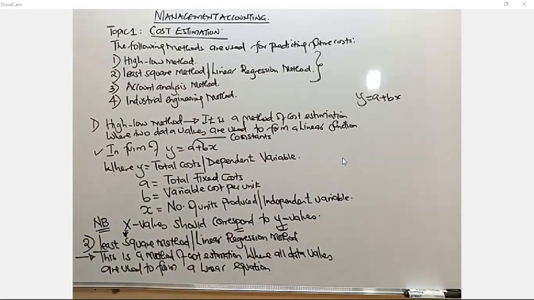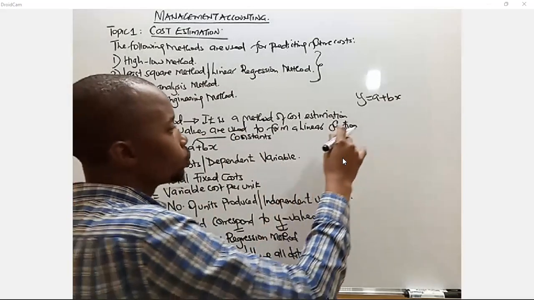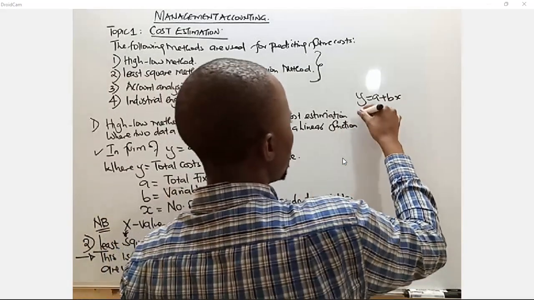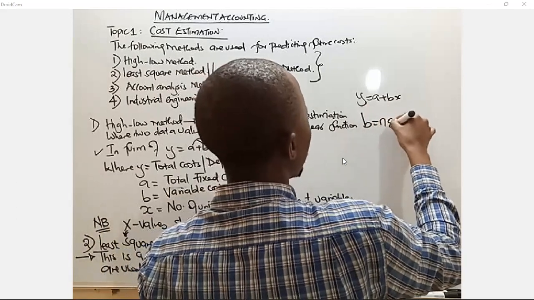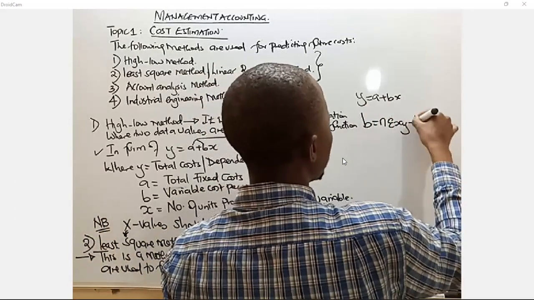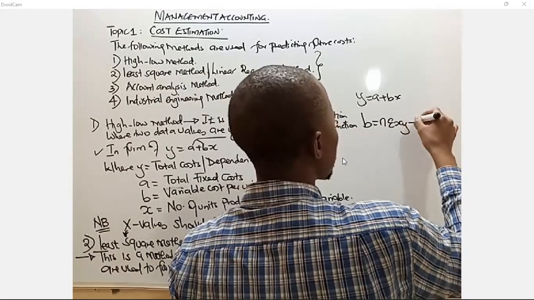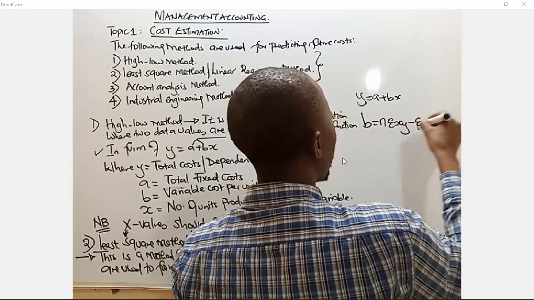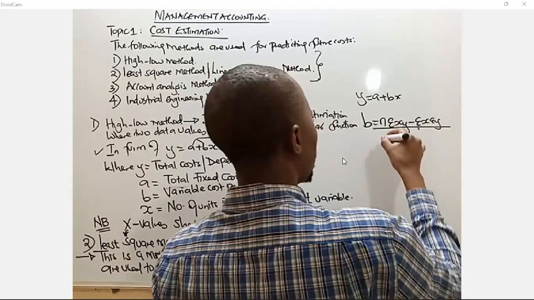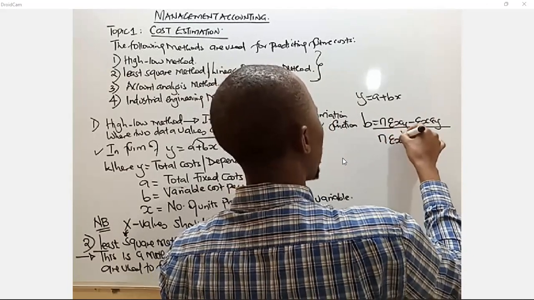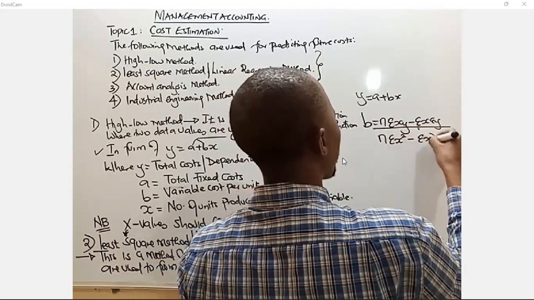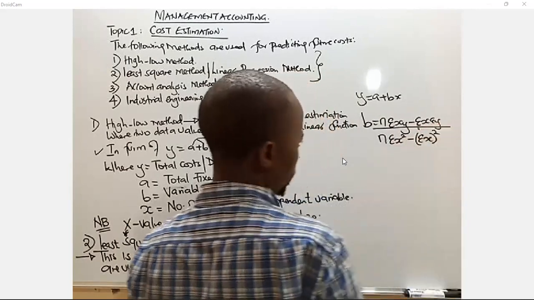And that is why the constants are mostly elaborated when you are looking at the linear regression equation, because they normally have formulas to determine them. For example, to get my b, I normally take n the summation of xy minus the summation of x, summation of y, divided by n the summation of x squared minus the summation of x in brackets, squared.